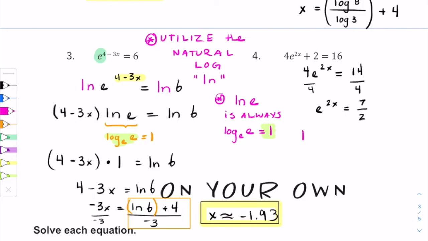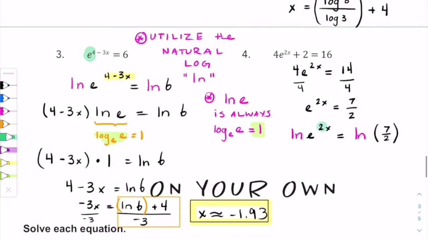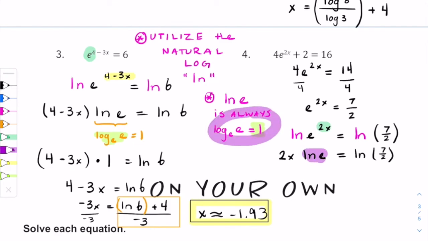Now I'm going to utilize my natural log. ln of e to the power of 2x equals ln of 7 over 2. My exponent is going to be rewritten in front. We have 2x multiplied by ln of e. This is equal to ln of 7 over 2. ln of e, you're going to replace that with 1. 2x times 1 is equal to ln of 7 over 2.